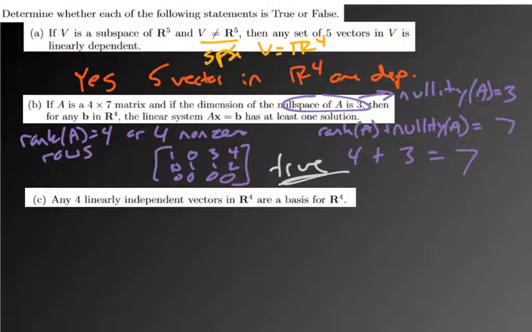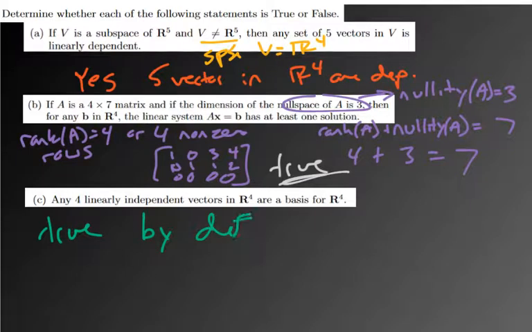All right, so this last one just says any 4 linearly independent vectors in R4 are a basis for R4. And that one is a very, very solid true. It's basically by definition.